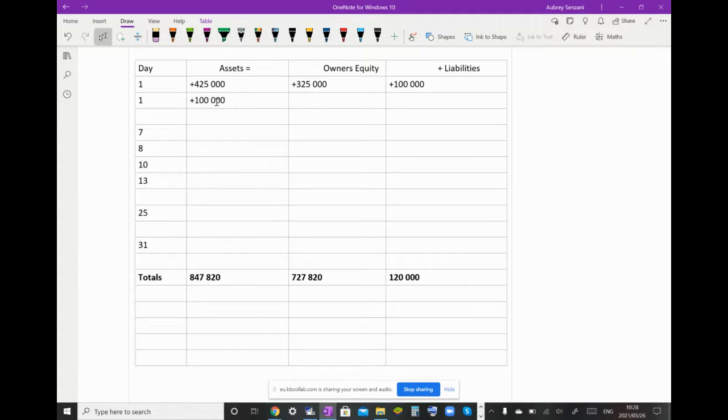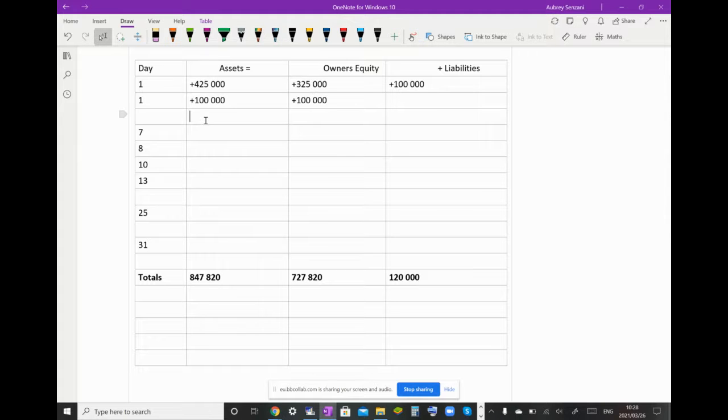And capital is going to affect equity, so we put plus 100,000. Is there anything else we need to do, or can we go to the next transaction? There's the 300,000, the value of the vehicle.